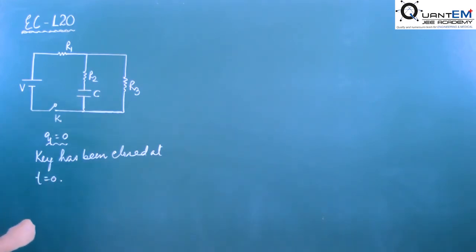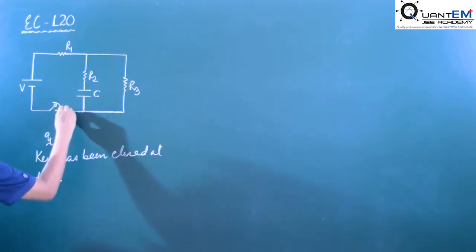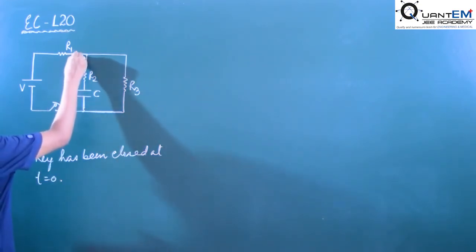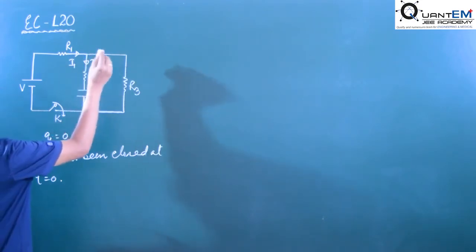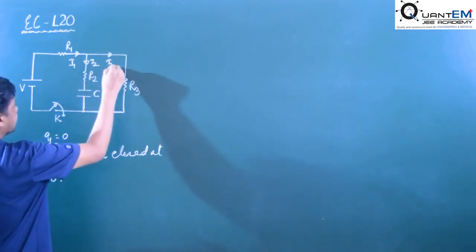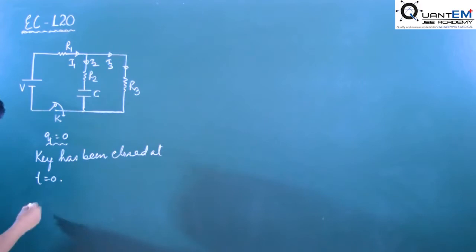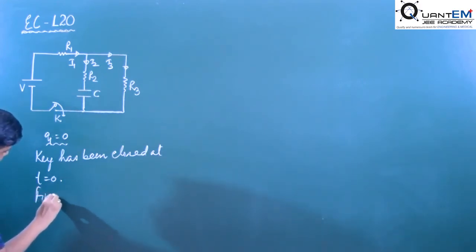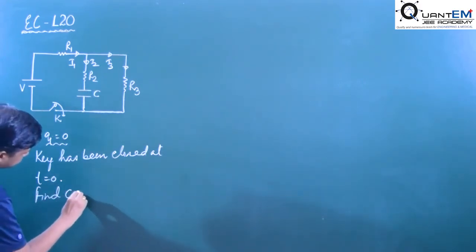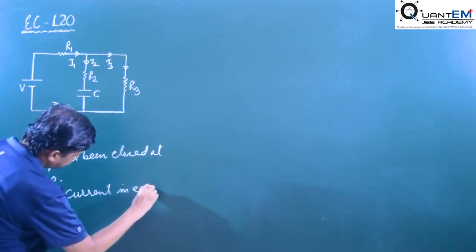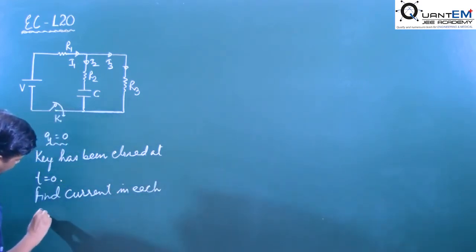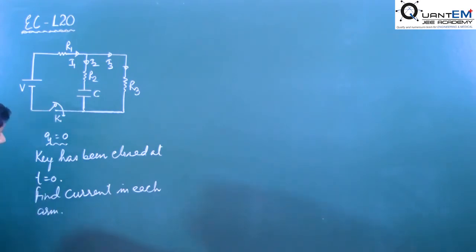We have to find current in each arm of the circuit. Suppose here current is I1 and here current is I3. Okay, so we have to find current in each arm of the given circuit.